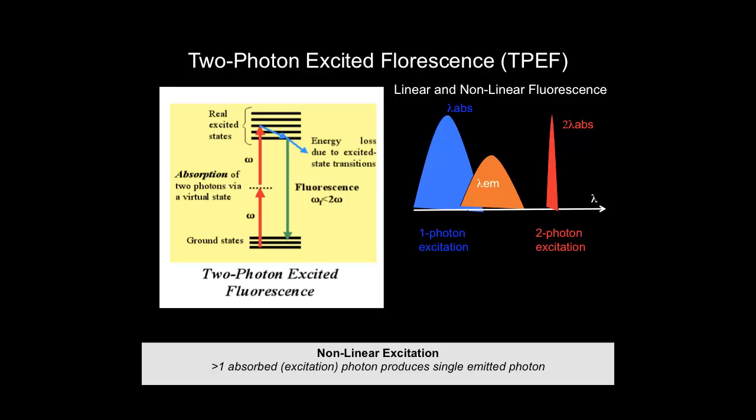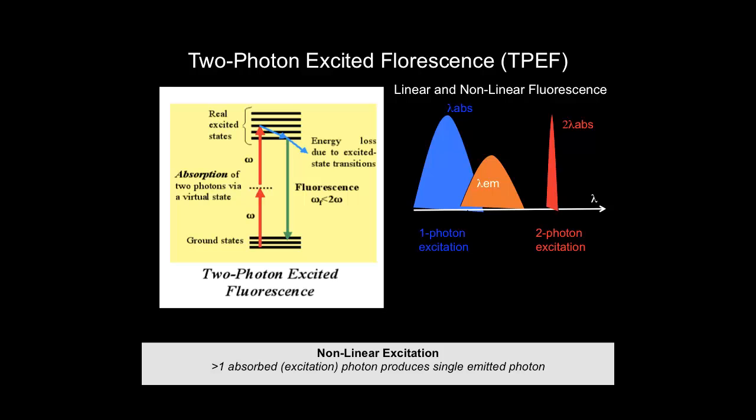Again, there is some loss in energy through non-radiative vibrational relaxation, and then a photon is emitted that has an energy that is less than twice the energy of each of these incident photons. So that really means that the wavelength of the emitted photon is shorter than the wavelength of the excitation.